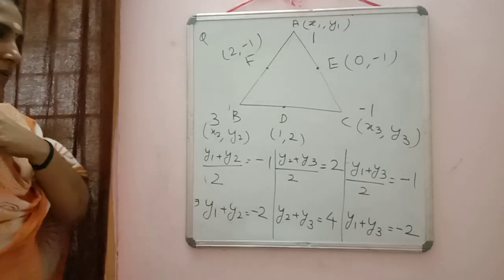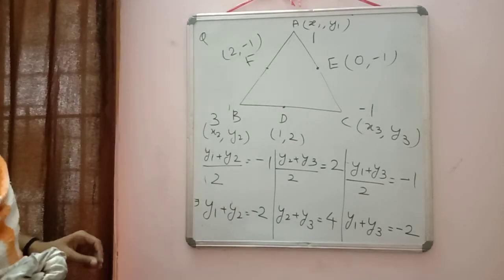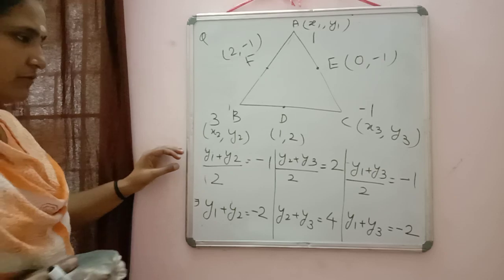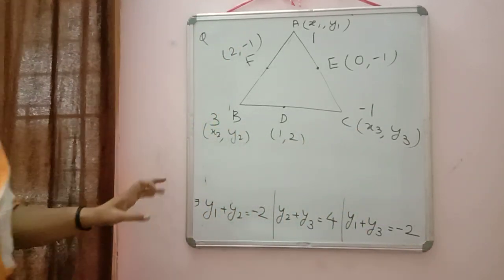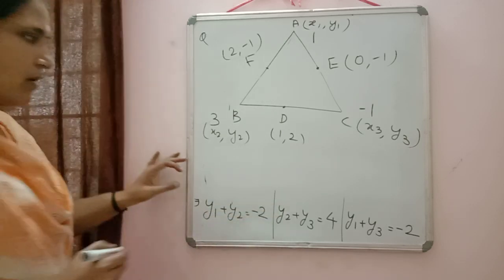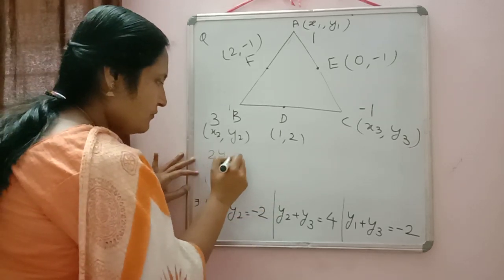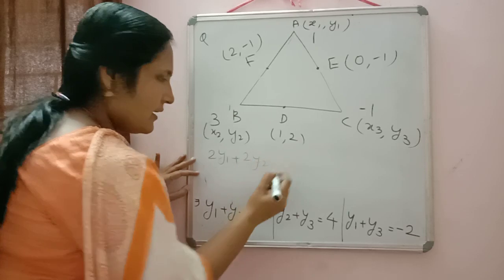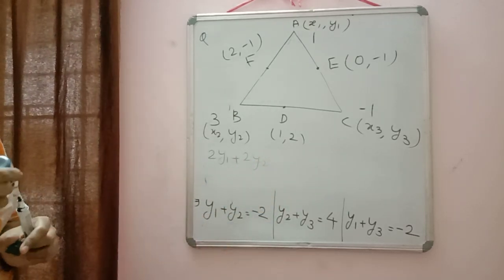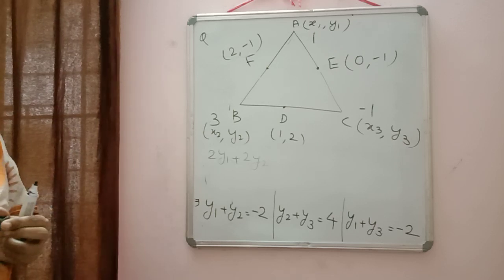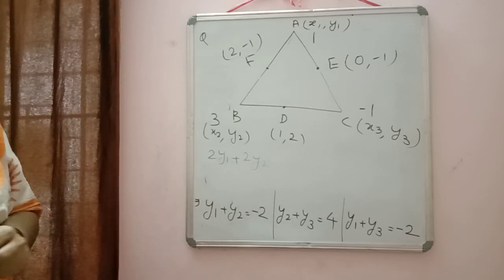As we calculated the values of x1, x2, x3, in the same way we will do. What will we do? Yes, we will add all the equations. So y1 comes 2 times, and all will come 2 times. 2y1 plus 2y2 plus 2y3 is equal to, just to check how much it will come. Are you getting 0?